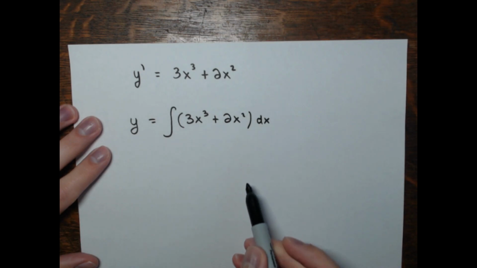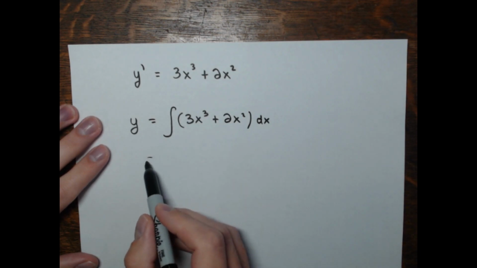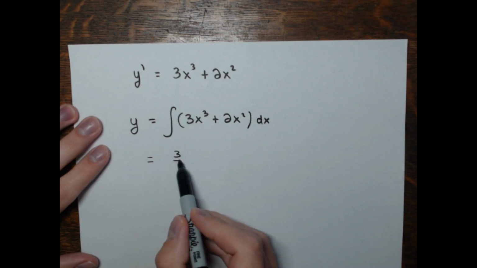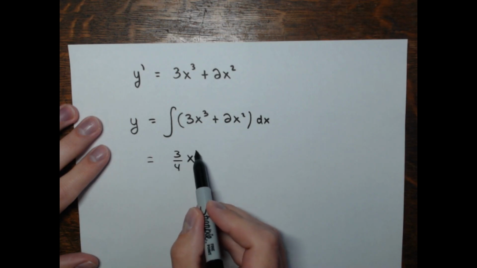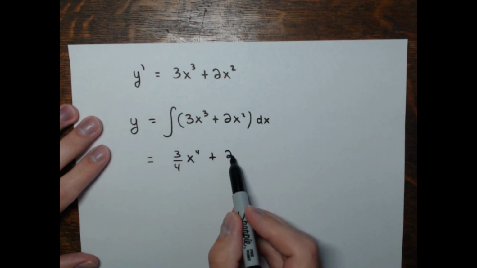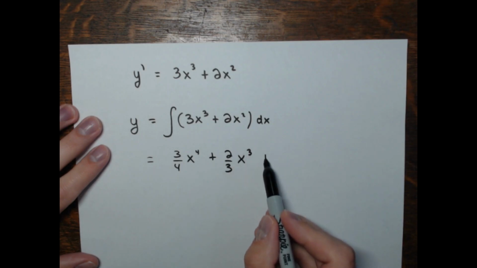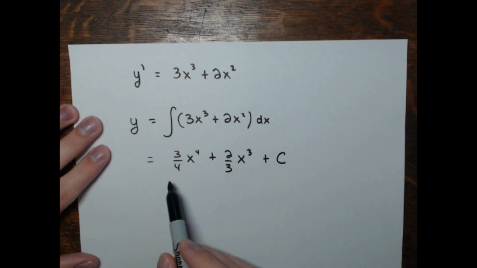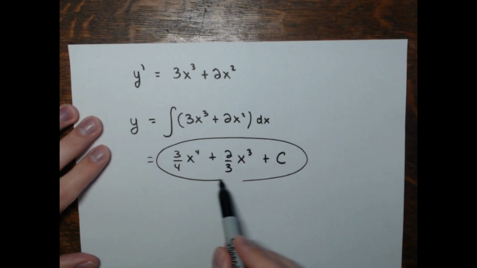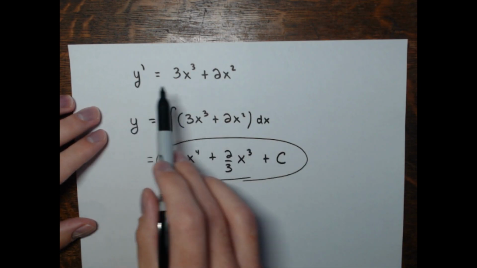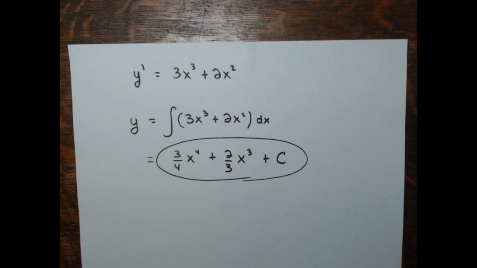Don't forget your differential when you integrate. And we just go term by term, simple power rule here. This would be 3/4 x to the fourth plus 2/3 x to the third. And then again, indefinite integral, so I can throw on any constant and get another function that would satisfy this. So y can be anything that looks like this and would have that derivative.